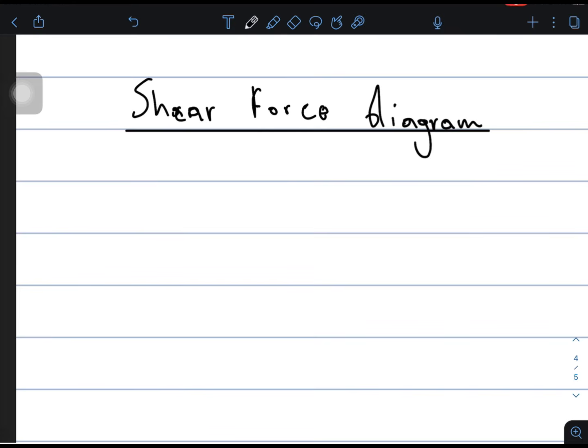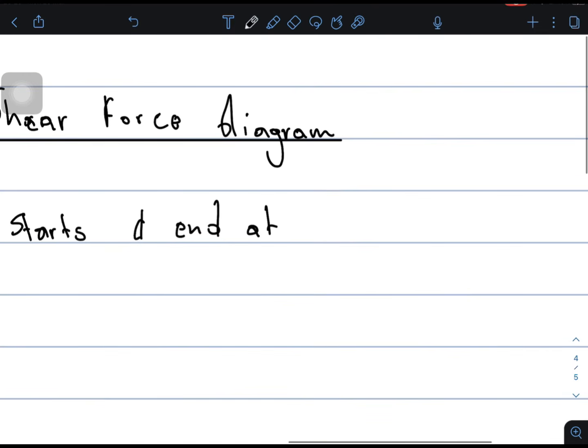Okay, I'm just going to highlight key things that are important when you're drawing a force diagram. Number one, a force diagram starts and ends at 0.